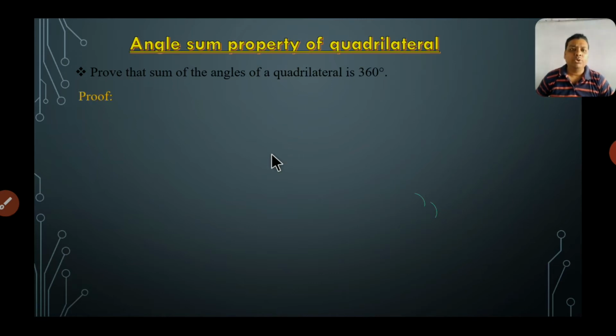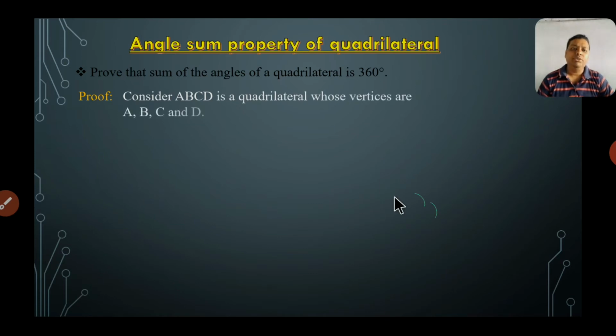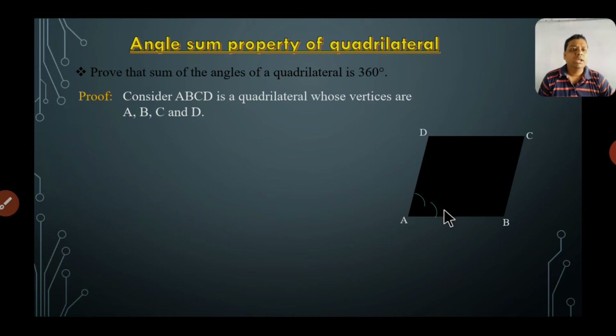At first you have to draw a figure and then write what we have to prove. Consider ABCD a quadrilateral whose vertices are A, B, C, and D. We have to prove that angle A plus B plus C plus D equals 360 degrees, all four angles.